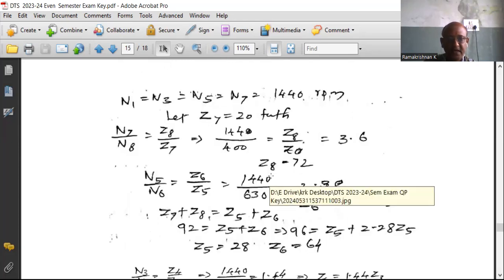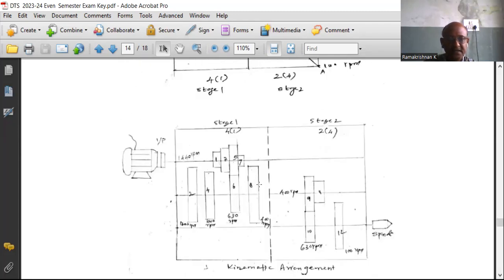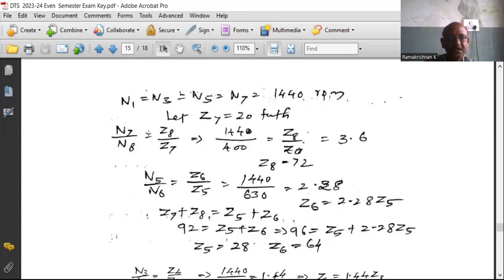Now we can have the next section, how to find out the number of teeth. As per the smallest gear, it is 7. So for the smallest gear, let us assume the gear 7 has 20 teeth. Here the input speed is the motor speed, N1, N3, N5, N7.